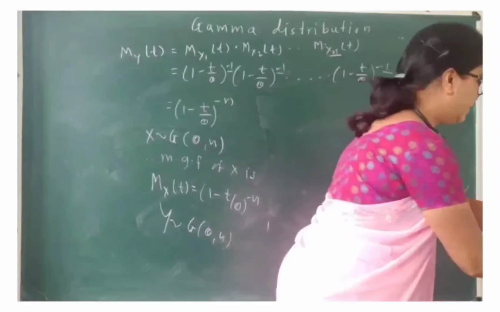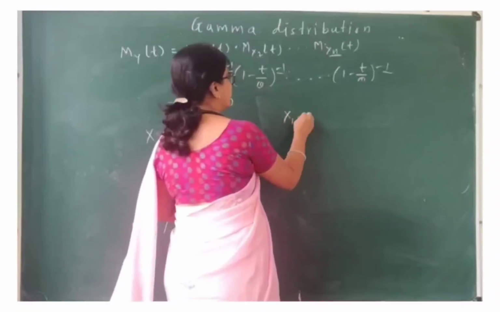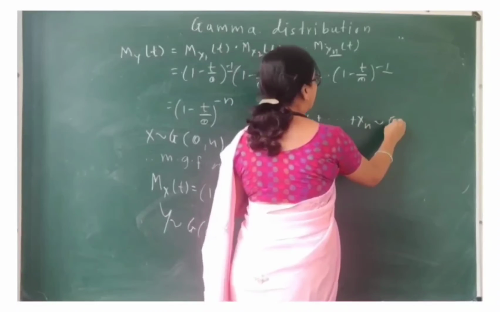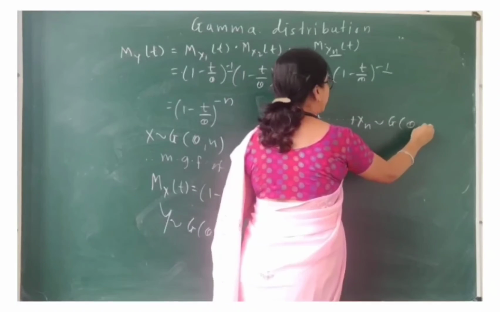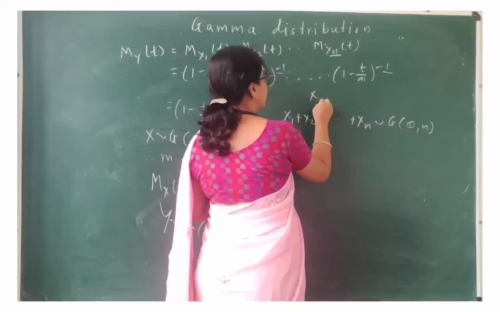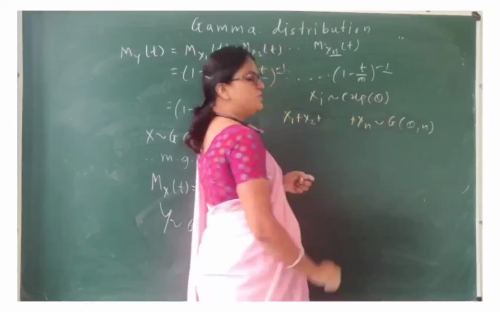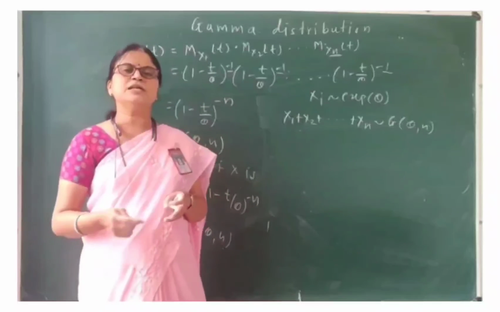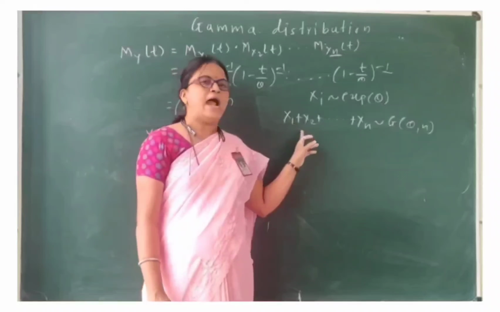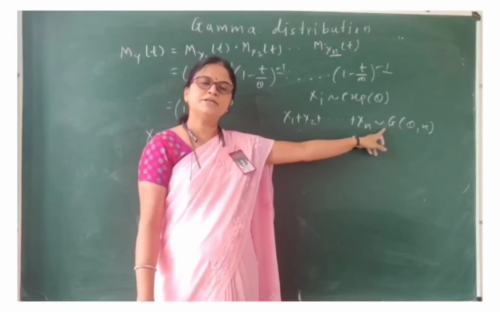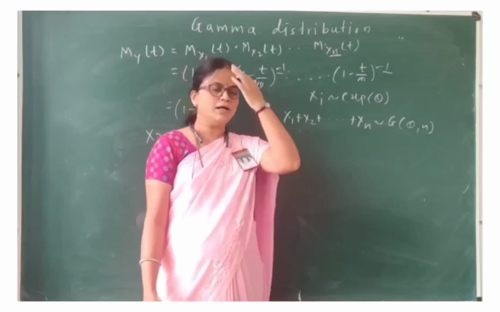So that means X1 plus X2 plus so on up to plus Xn follows a gamma distribution with parameter theta comma n. So if Xi follows exponential with parameter theta and these are independently distributed, then the sum of the n Xi follows a gamma distribution with parameter theta comma n.